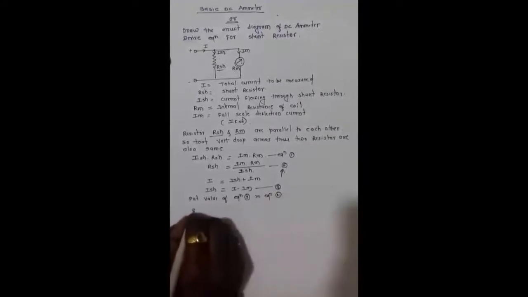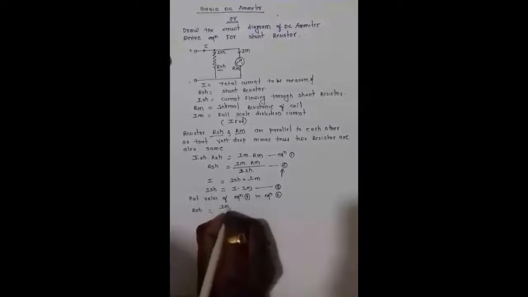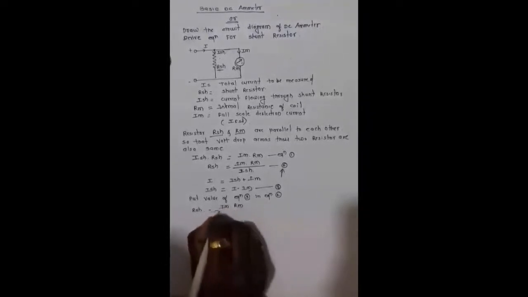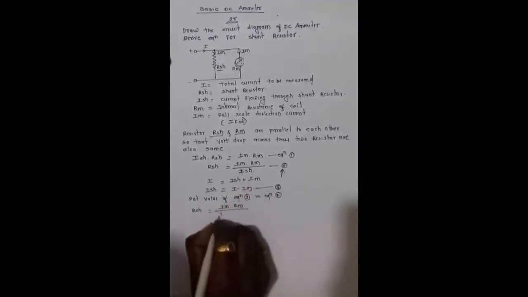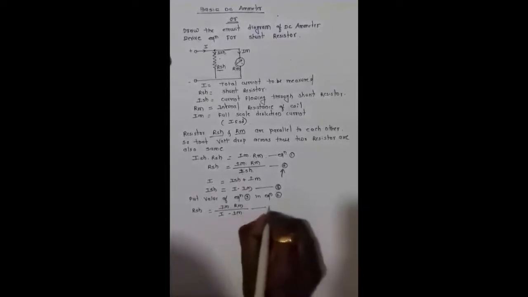Now RSH is equal to the full scale deflection current into the internal resistance of the coil, divided by I minus Im. This is equation 4.